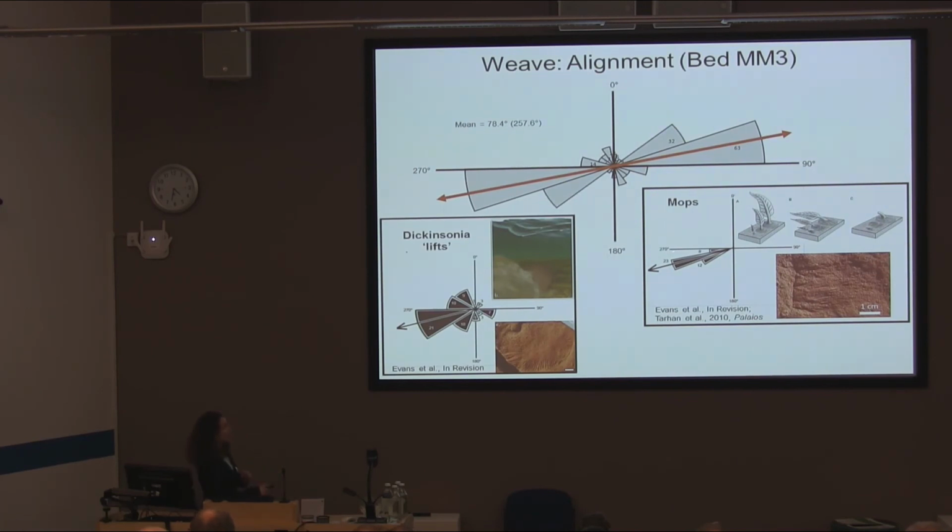So we see not only is there a tight alignment within weave and within each of these structures, but all three are roughly characterized by the same alignment. So this would suggest a similar current-mediated origin for all of these.